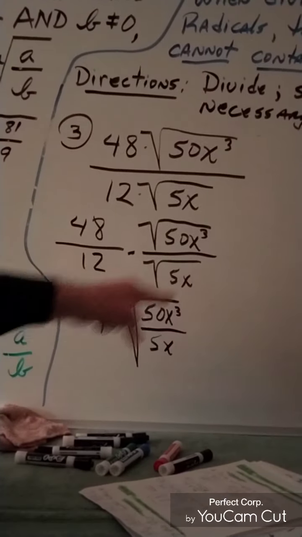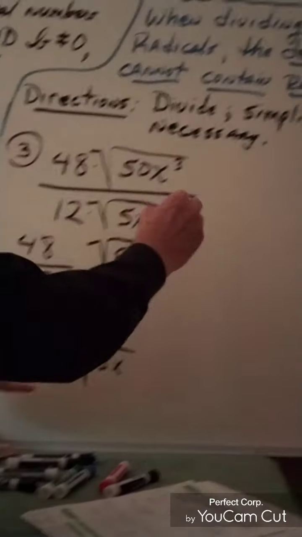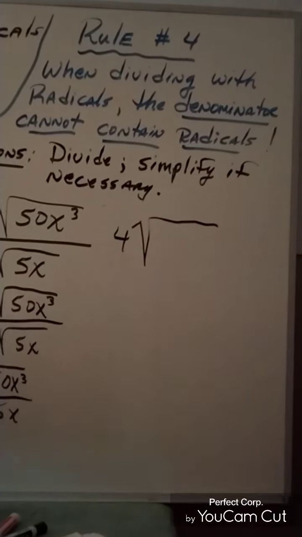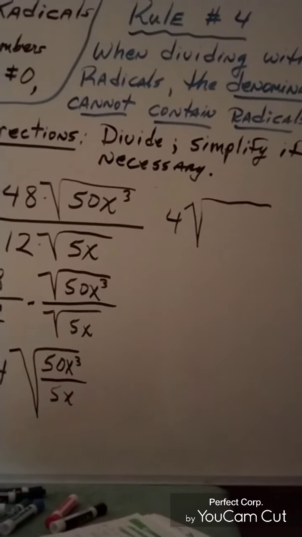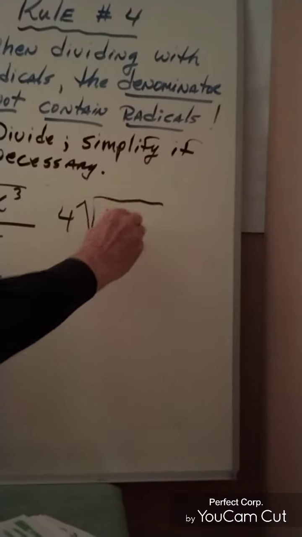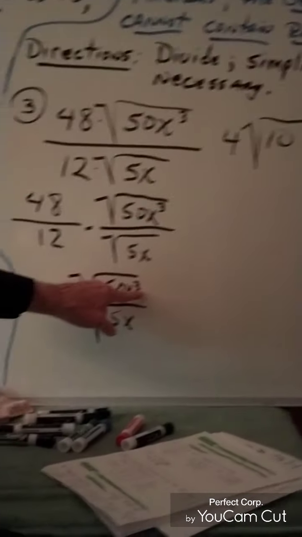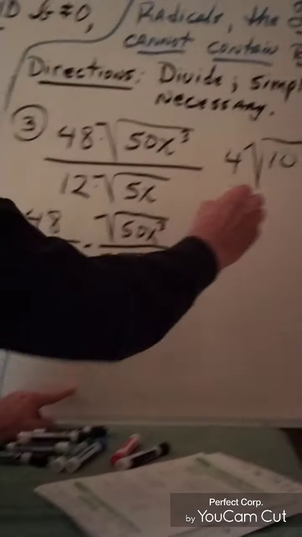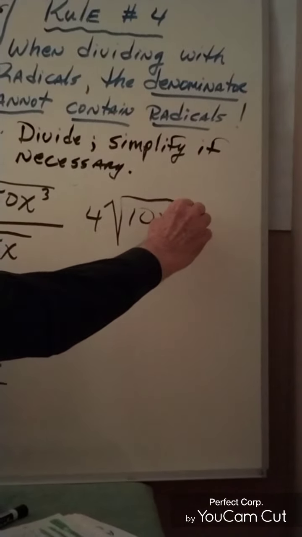Now I'll elevate it right up here. Bring up that 4. 50 divided by 5 is 10. X cubed divided by x to the first, 3 minus 1, x squared.